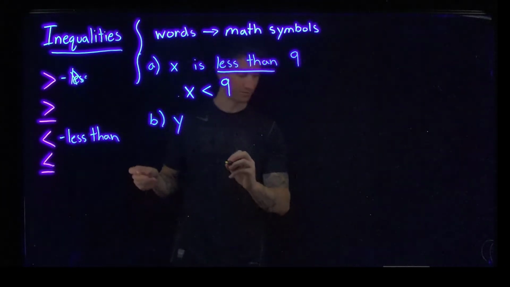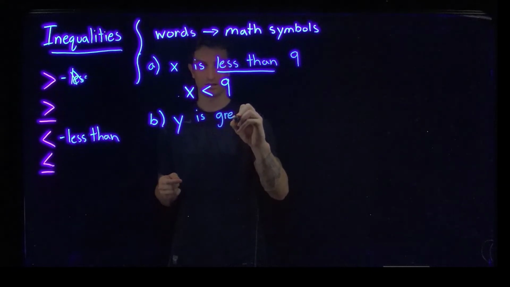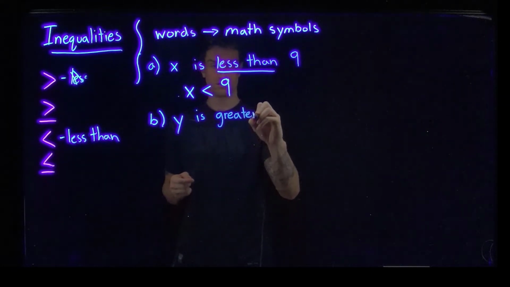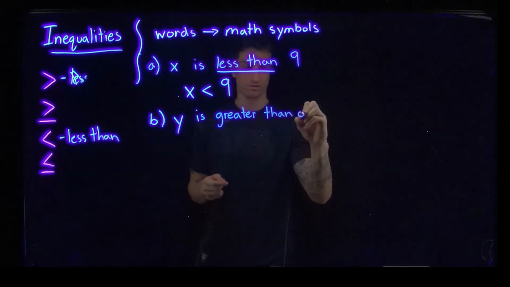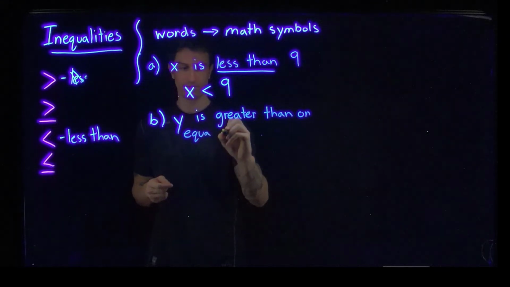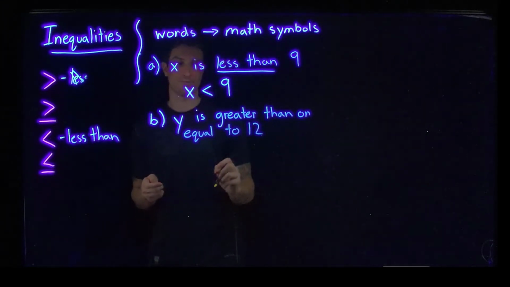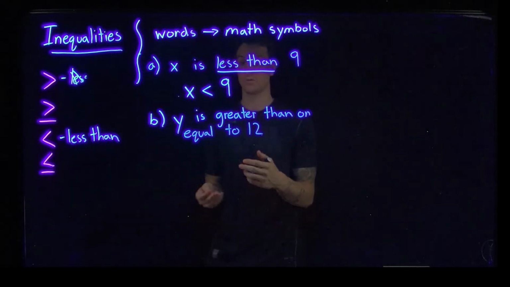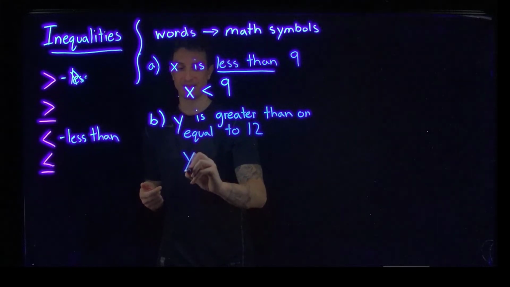Y is greater than or equal to 12. So it can be two options. It can either be greater than or it can be equal to 12. Again, we normally write our variable on the left-hand side.